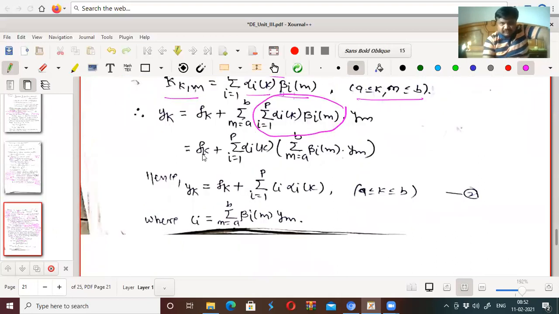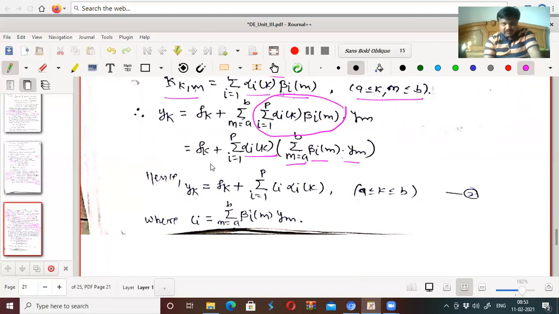So this is equal to f k plus summation from i equal to 1 to p alpha i k into summation from m equal to a to b beta i m y m, because now these two terms depend on m only, and this alpha i k is independent of m, therefore it can be taken outside.